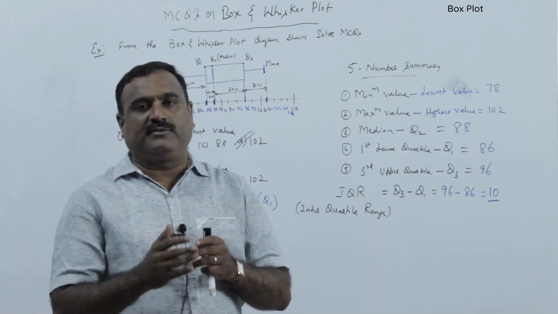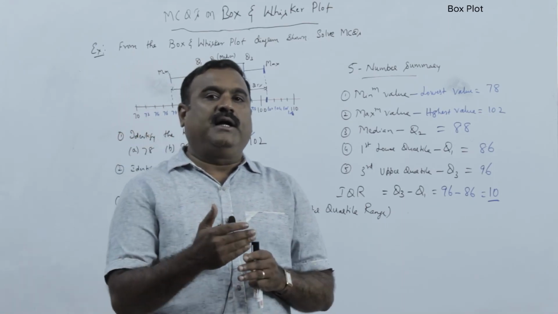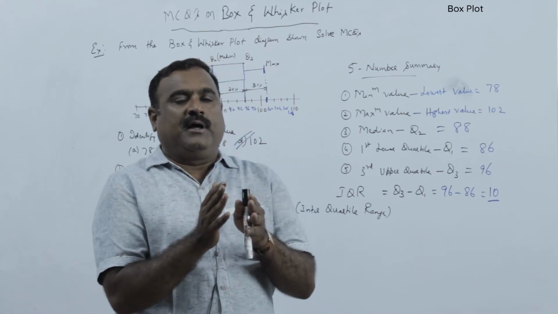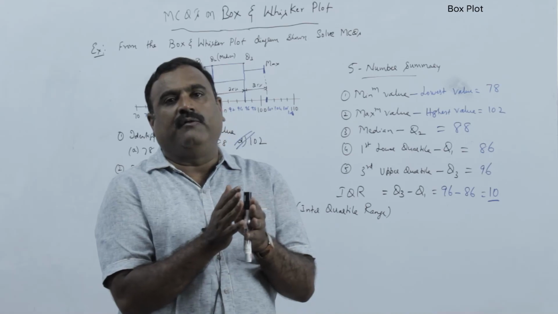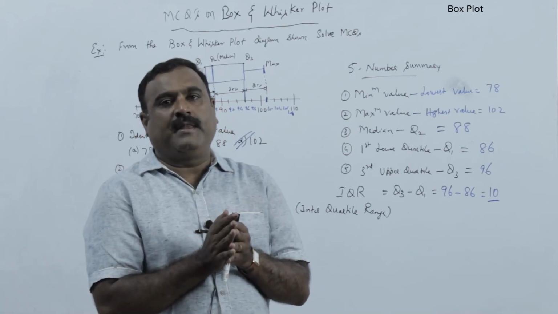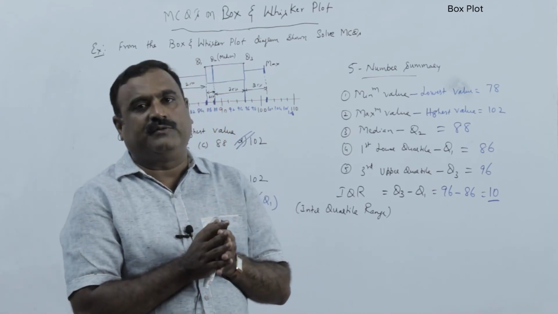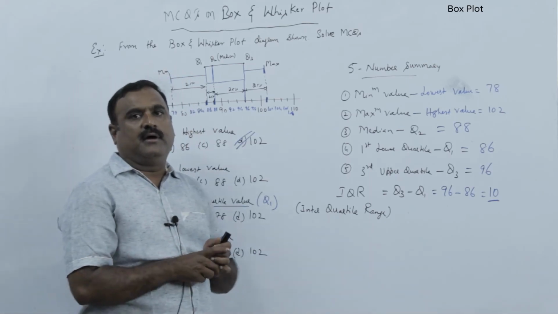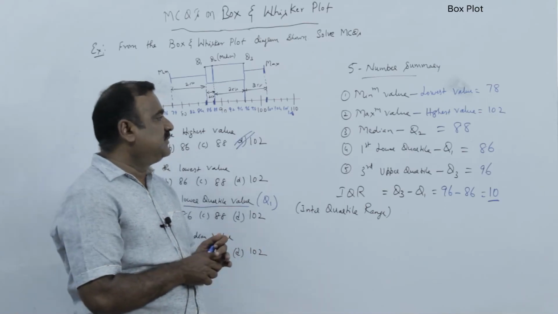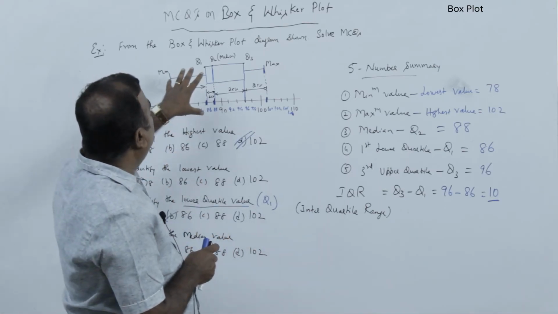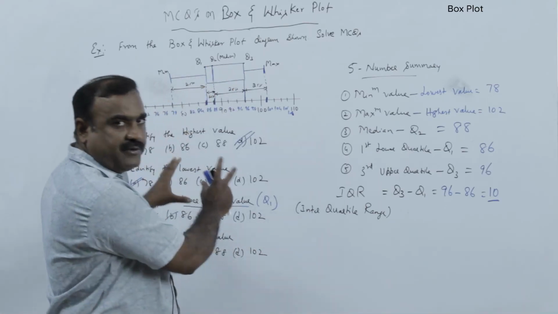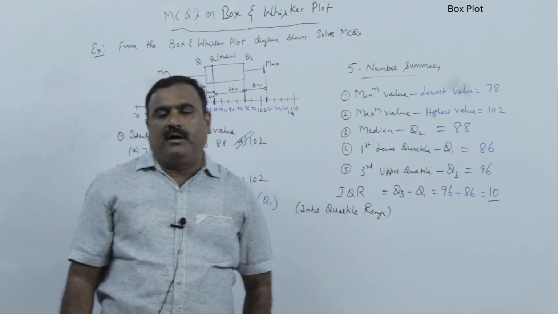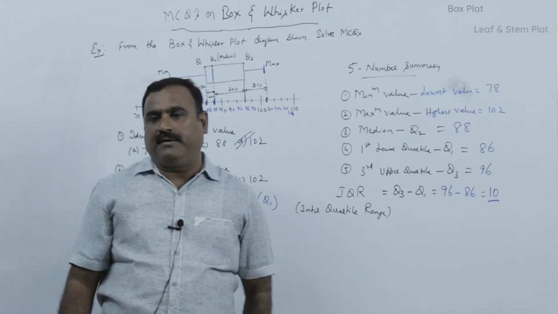By presenting the data in a box and whisker plot, they can identify in which quarter they are doing very well and where they are lacking. It is useful in manufacturing, production, or any other related applications. So this is about a box and whisker plot MCQ. One example I have taken. Fine. Next we'll go for the stem and leaf plot.